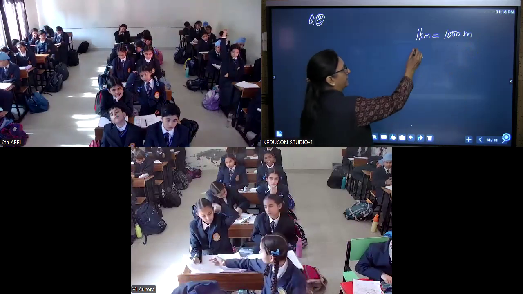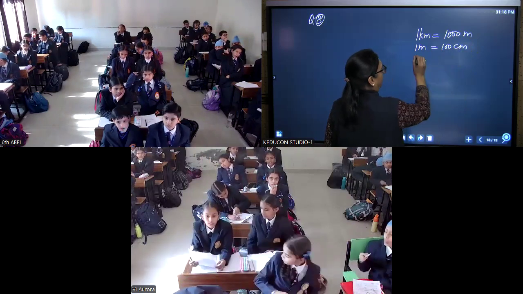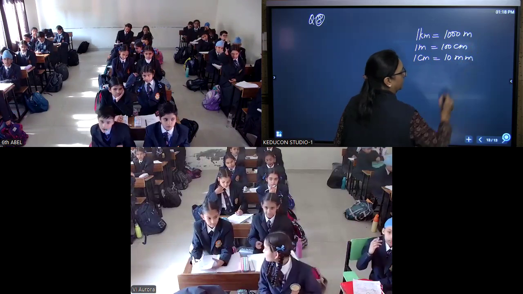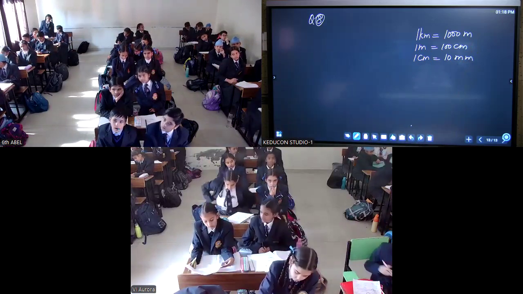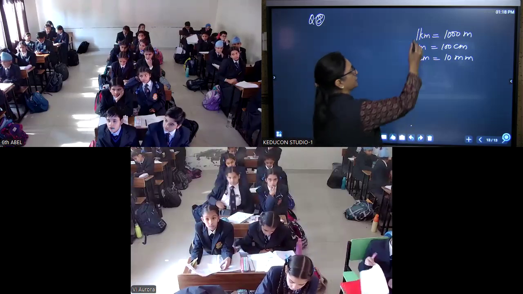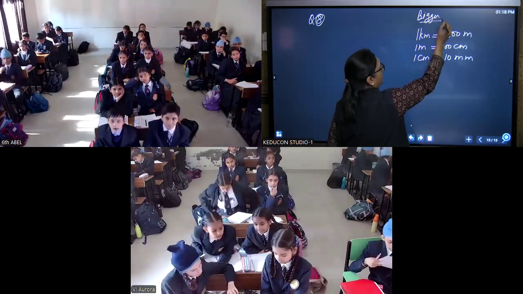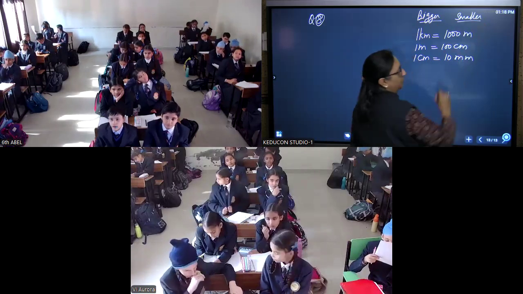Then 1 meter is equal to 100 centimeters. 1 centimeter is equal to 10 millimeters. Generally, these are used like this. And you have read that whenever it's from bigger to smaller, this is bigger, this is smaller.